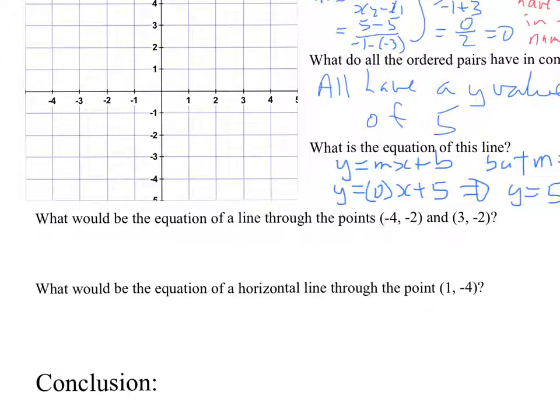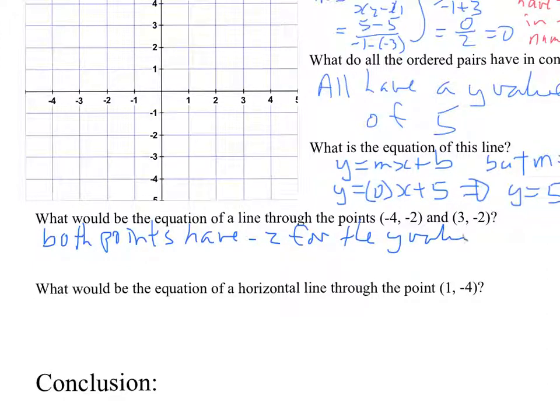So, if we look at these, both points have -2 for the y value. So, let me write that neater.